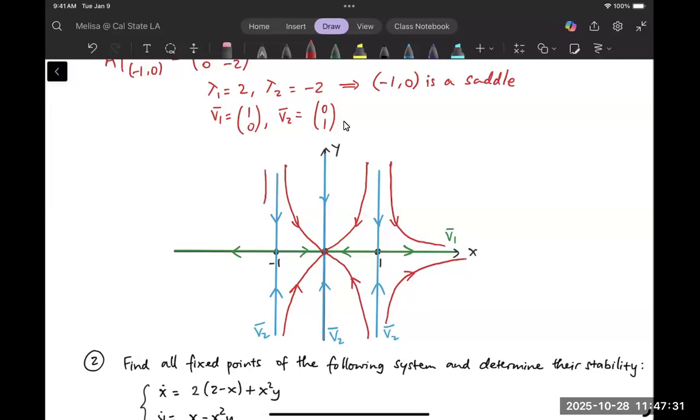So you have something like this on this side, and same thing over here. You're gonna have something that looks like that. Okay. Yeah, so this is the phase portrait for this nonlinear system. Yeah, so this is your fixed point here, and also this one. Okay.